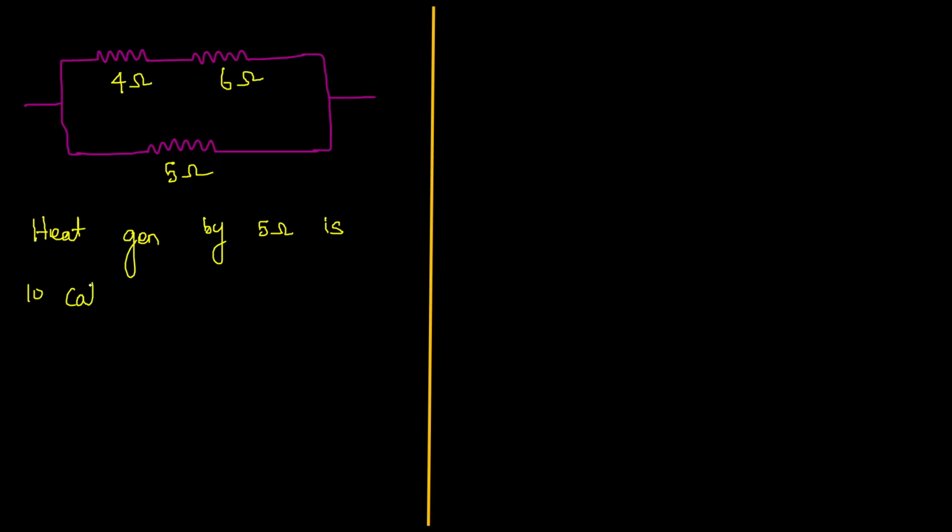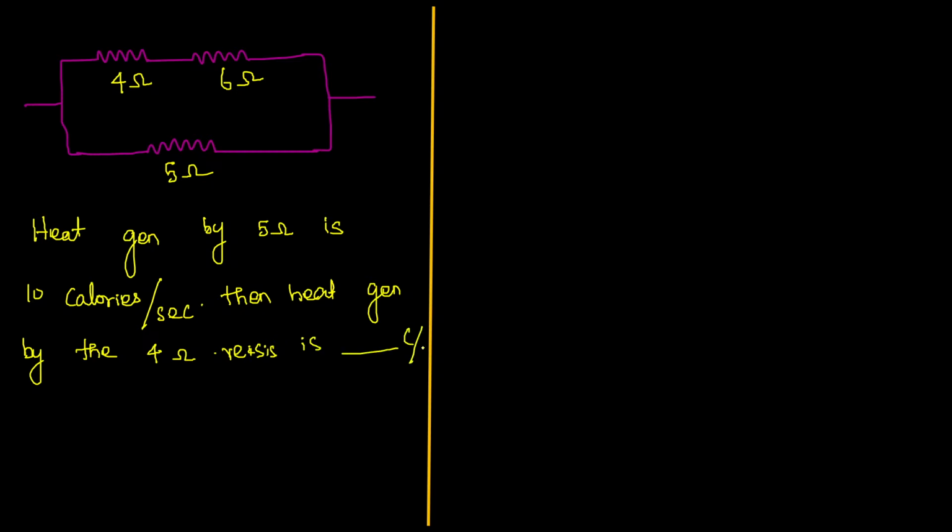10 calories per second, that is the given data. So the question is: if the 5 ohm resistor generates 10 calories per second, then the heat generated by the 4 ohm resistor is dash calories per second.